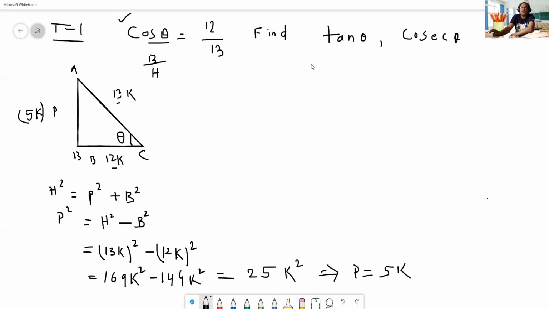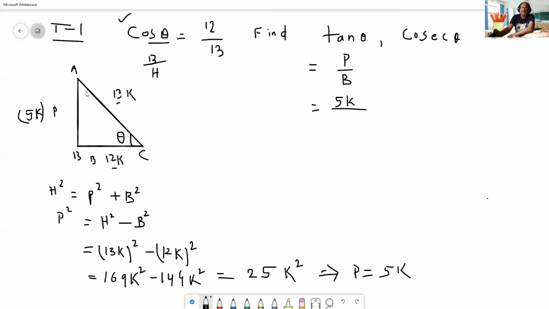Just as for example, we have to find tan theta. Tan theta is perpendicular to base. Now what is perpendicular? The perpendicular is 5k. Perpendicular is always the opposite side of the angle. So it is not fixed.